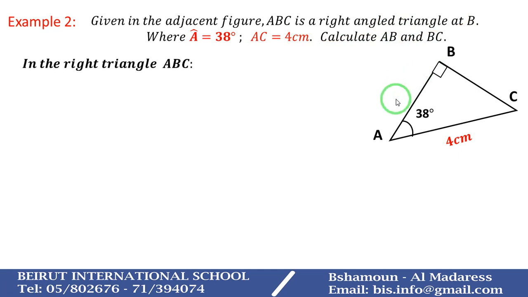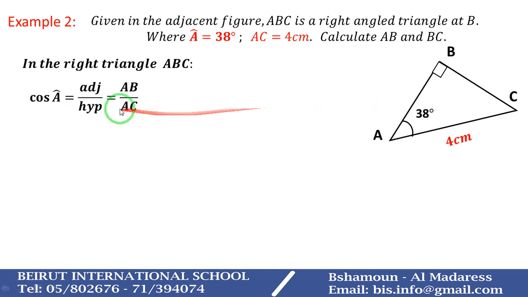As you see in this right triangle, AB is the side adjacent to angle A. So we'll start by using cosine A, which is equal to the length of the side adjacent to angle A over the hypotenuse, which is AB over AC.